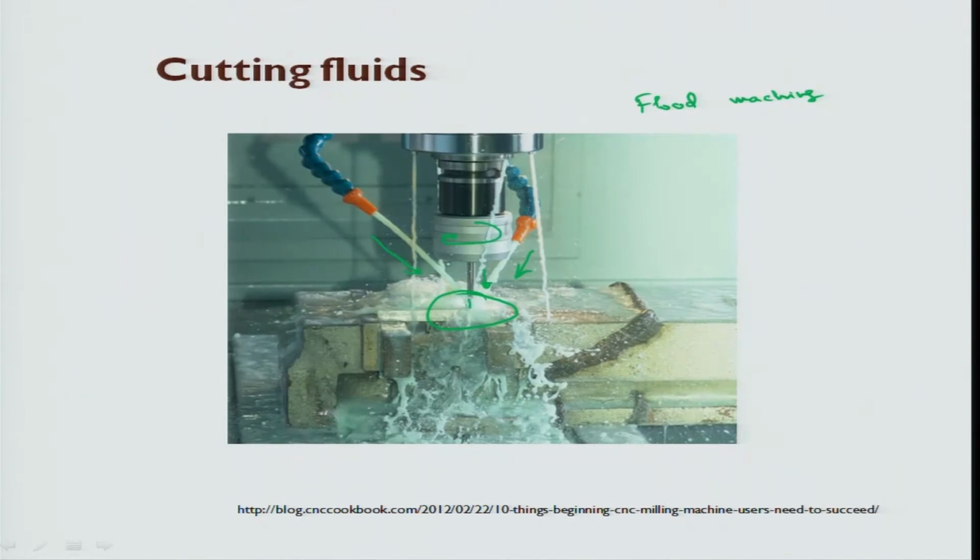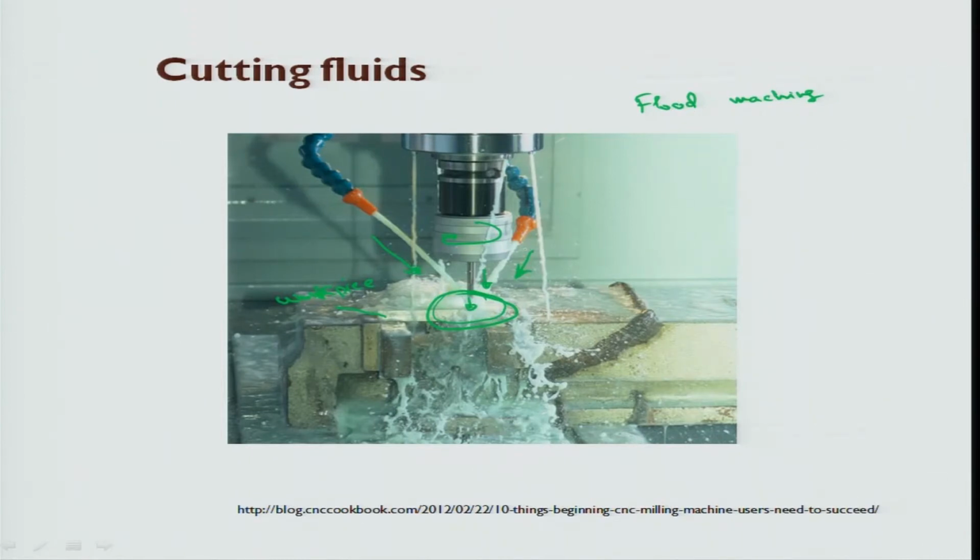It is trying to make a hole over here in the workpiece. This is my workpiece here. So, these jets are put on the workpiece at the tool-work area to flush away the chips, to dissipate heat and to perform its other functions.